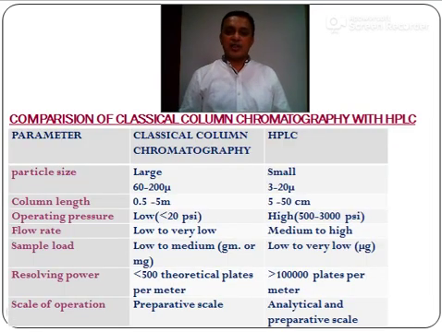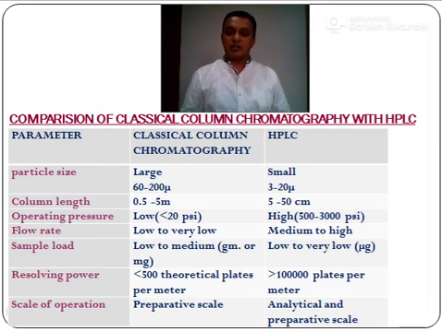Now the comparison of classical column chromatography with HPLC. In classical column chromatography, a larger particle size is used, 16 to 200 micron, but in HPLC smaller particle sizes are used in the stationary phase, that is 3 to 20 microns.